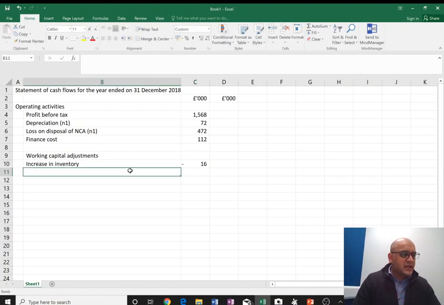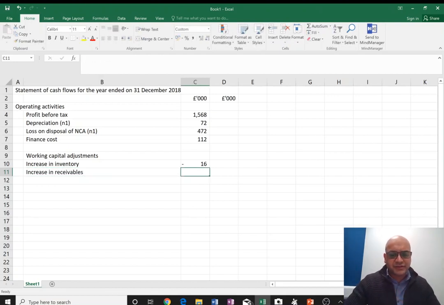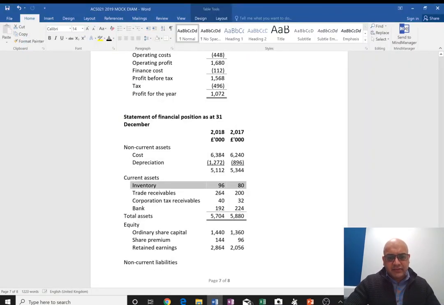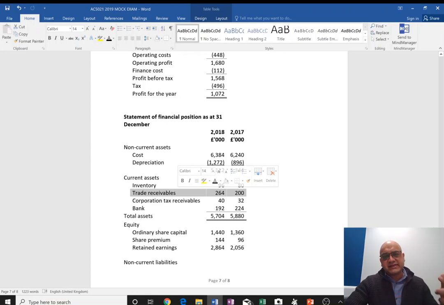Then we are going to apply the same approach to receivables. We know that there is an increase in receivables, we just need to find out how much. So the increase in trade receivables is 64. The same logic is applied as we applied to inventory.